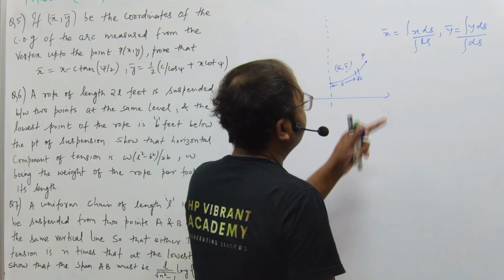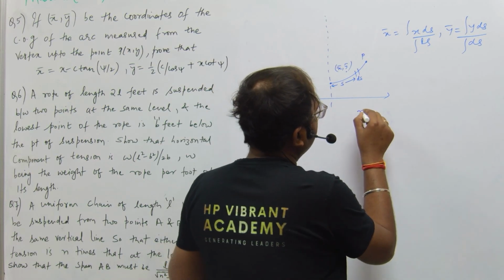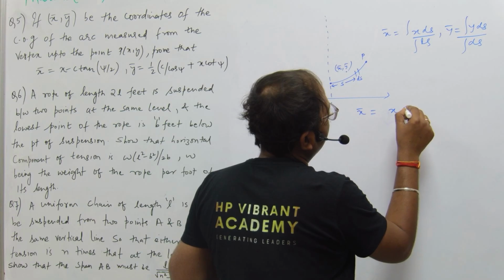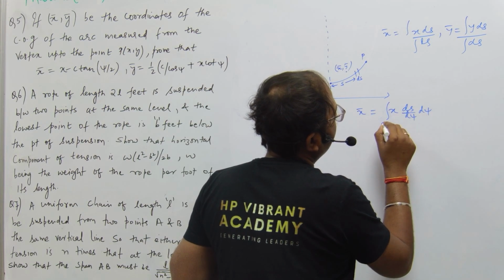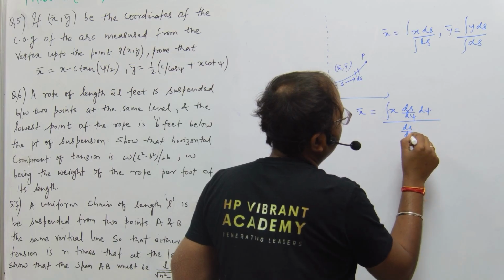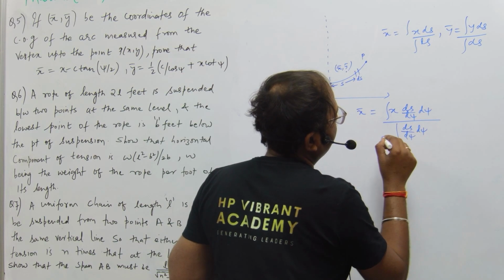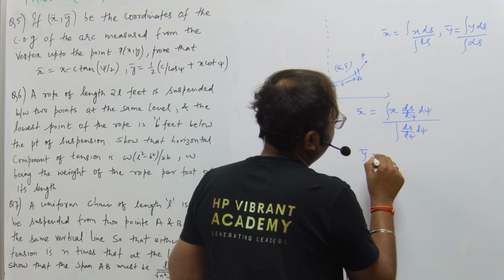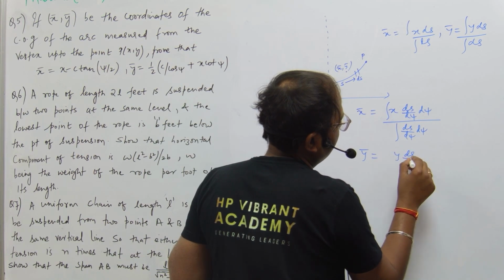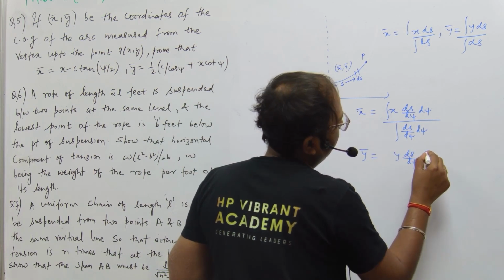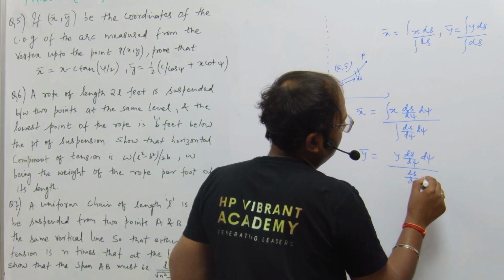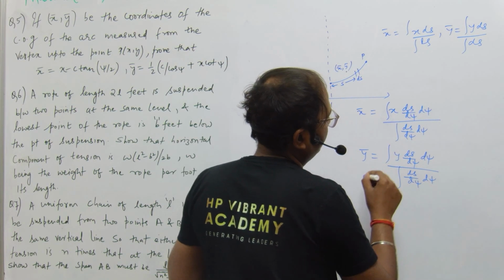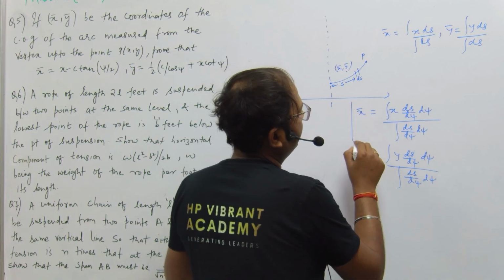This we can further write as x bar = integration of x (ds/d psi) d psi upon integration of (ds/d psi) d psi, and y bar = integration of y (ds/d psi) d psi upon integration of (ds/d psi) d psi.